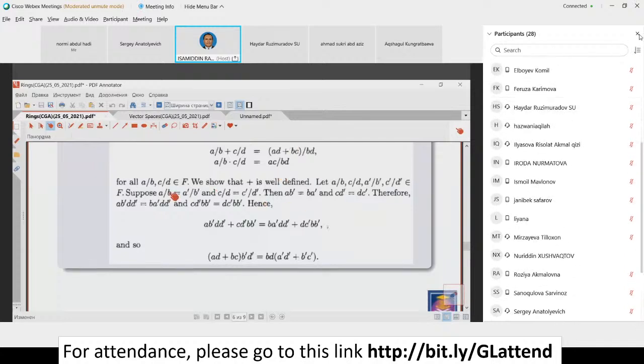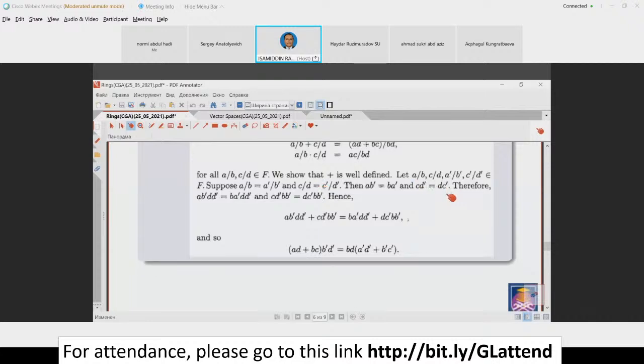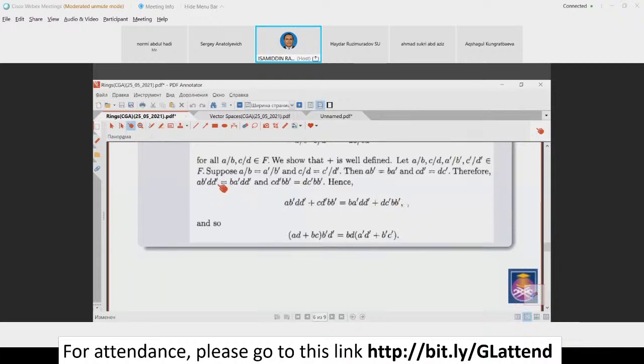So what does it mean? This means AB prime equals BA prime. This means CD prime is DC prime. Then if you multiply this by DD prime, and this by BB prime, you will get these equalities. Now you can add them up.